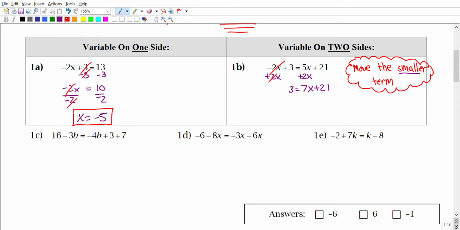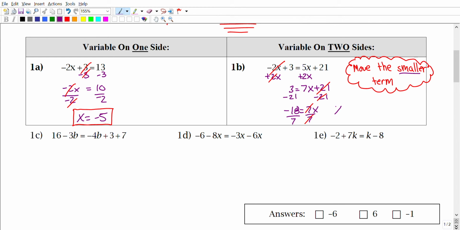Now we continue using our rules from SADMAP. We have to get rid of any addition and subtraction first, so I'm going to get rid of that 21. Then I get negative 18 equals 7x. Once again, I want to get rid of everything that's next to the x, so I'm going to get rid of that 7 as well by dividing by 7.